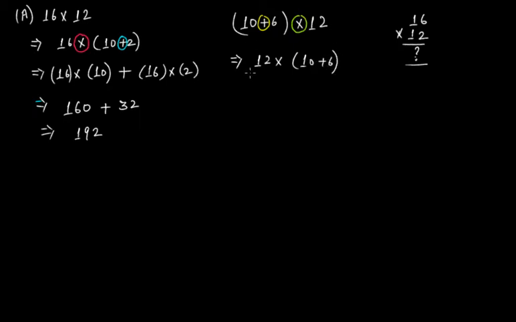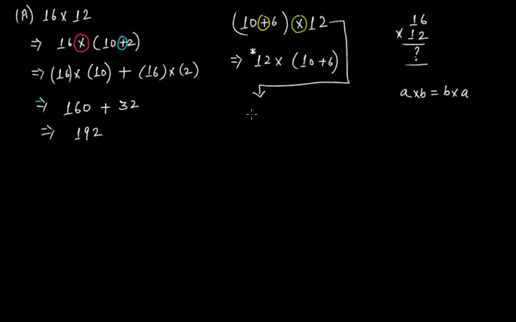How? We used the commutative property, which says that A times B is equal to B times A. Both are equal, right? So either you can skip this step if you are very clear, and jump straight to this step, using the distributive property of multiplication over addition.